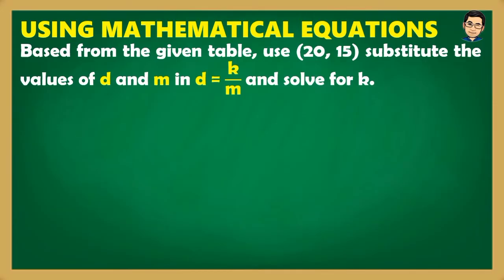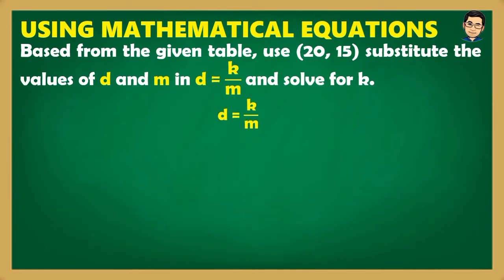Based on the given table, we use one point, for example 20 and 15. Substitute the values of D and M in D is equal to K over M and solve for K. To get the constant of variation K, we need to use one point from the table of values earlier. The 20 there is the number of men, and the 15 is the number of working days.